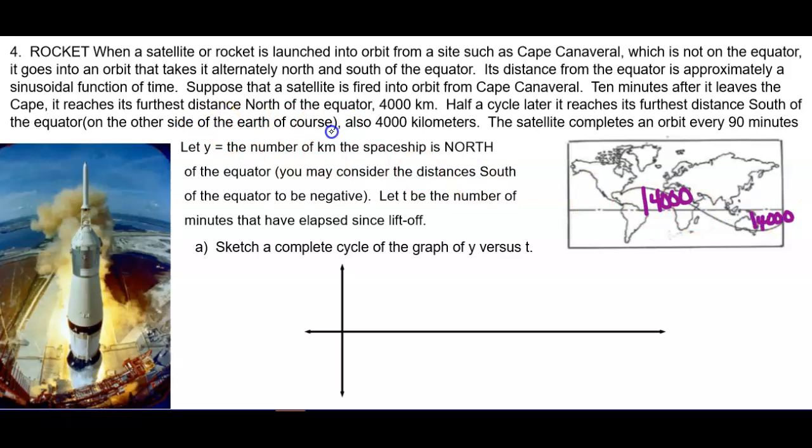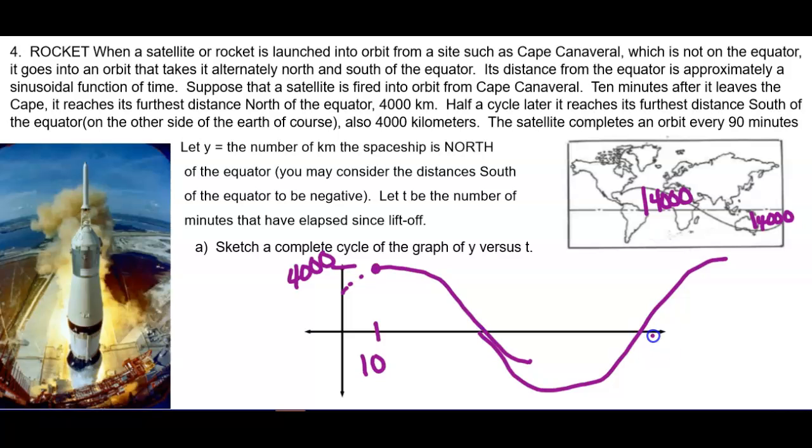On the other side of the Earth, of course. The satellite completes an orbit every 90 minutes. So it started somewhere. We don't really know, but we know it was its furthest up north by 4,000 at 10 minutes. And then 90 minutes later, now be careful, this is not 90, and it's going all the way south and north.